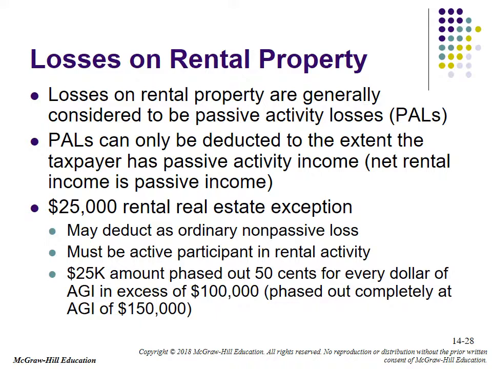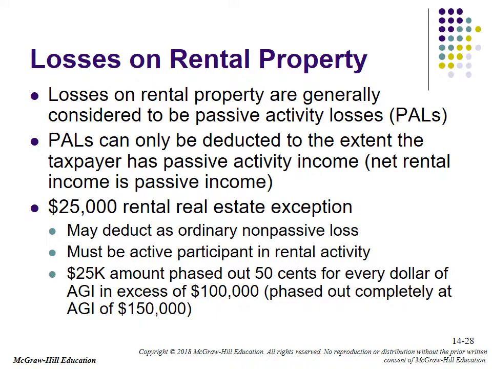Now, there are hours and specific rules for you to determine that. We're not going to get into it right now, but I want you to know that it's not just you saying, oh yeah, I actively participated. You need to be able to prove your active participation. The key here is that you can deduct up to $25,000 of loss associated with the rental activity.